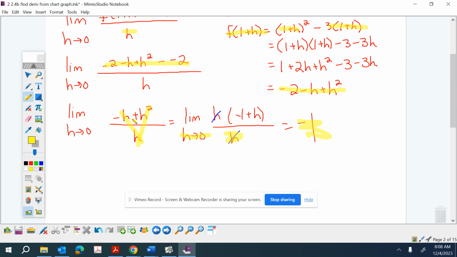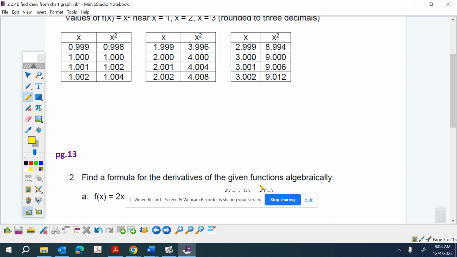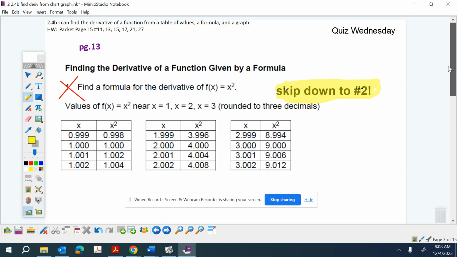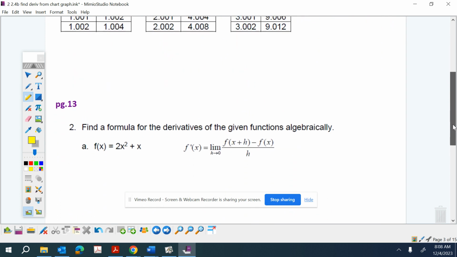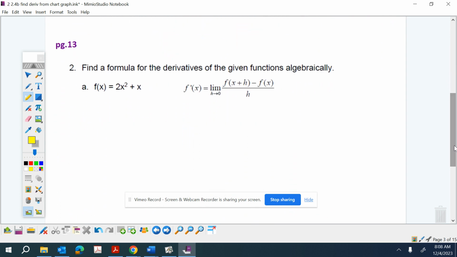Now, this is not what we're doing today. Today, our answers will have x in it, but the methodology is the same. So we're skipping over number 1 on page 13, and we're moving down to number 2.